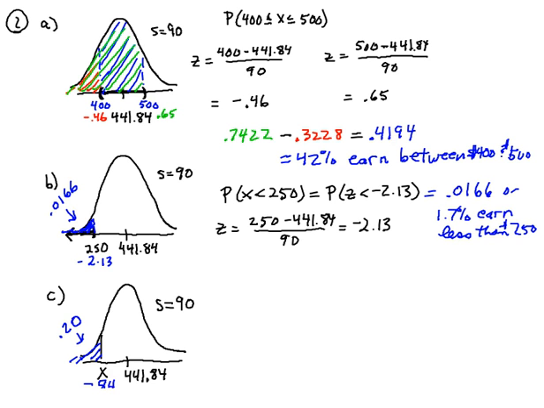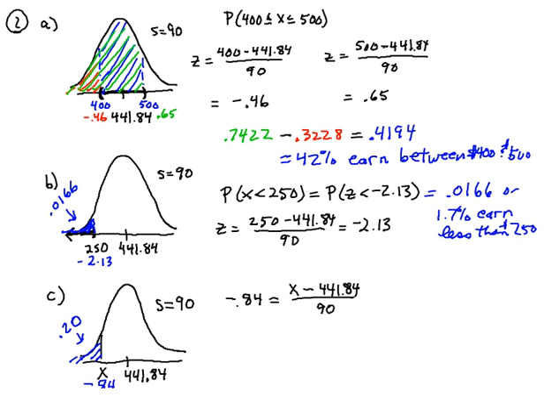Now in my z-score formula, I'll have negative 0.84 is equal to x minus 441.84 divided by 90.